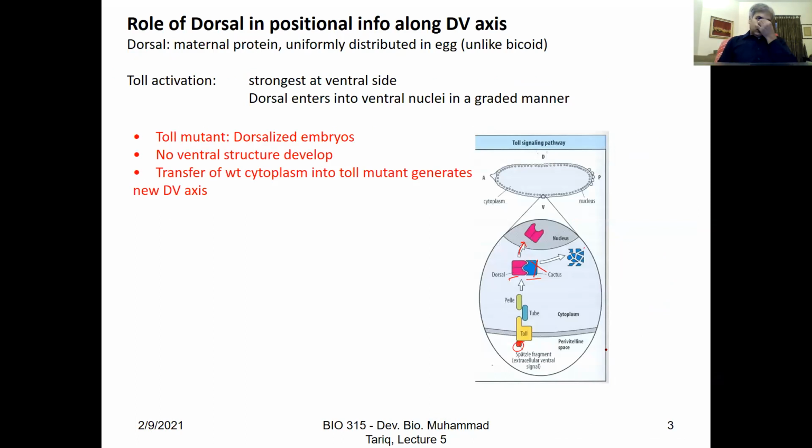Now, if you have a mutation in toll, if you have delta toll, we call such embryos dorsalized embryos, because dorsal will not move into the nucleus, and all the ventral part, so this is the dorsal, this is the ventral, all this region will become dorsalized, because dorsal will not move into the nucleus.